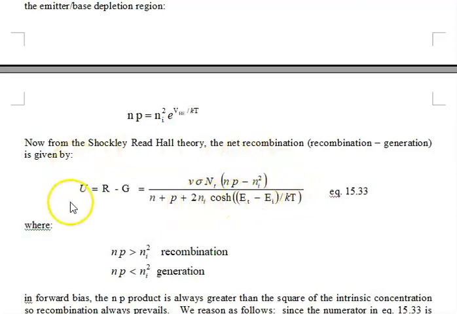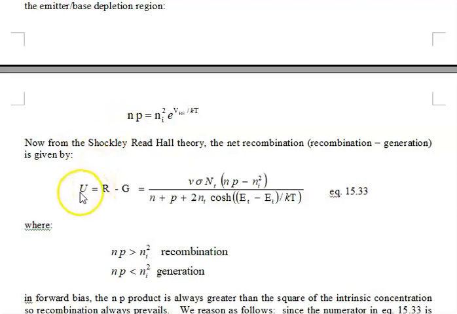This expression is derived in Chapter 4, and it's done in more advanced courses and many more advanced textbooks. This is the Shockley-Reed-Hall theory. I never could figure out whether it's Shockley-Reed-Hall or Shockley-Hall-Reed. The only thing you can be sure of is Shockley got his name first, because that's Shockley. He always gets his name first.